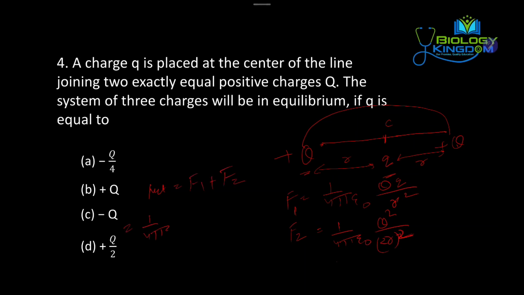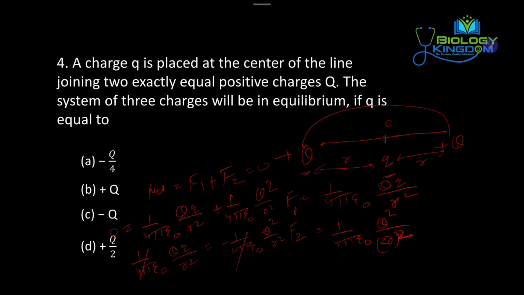So 1 by 4 pi epsilon naught Q q upon r square plus 1 by 4 pi epsilon naught Q square by 2r square will be equal to 0, as the net force will be equal to 0 for equilibrium. Now if we move one of these terms to the other side, 1 by 4 pi epsilon naught Q q by r square is equal to minus 1 by 4 pi epsilon naught Q square by 2r square.